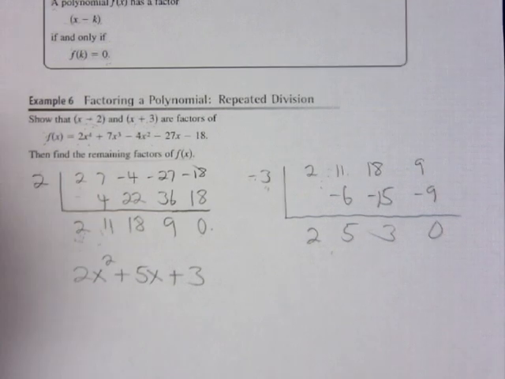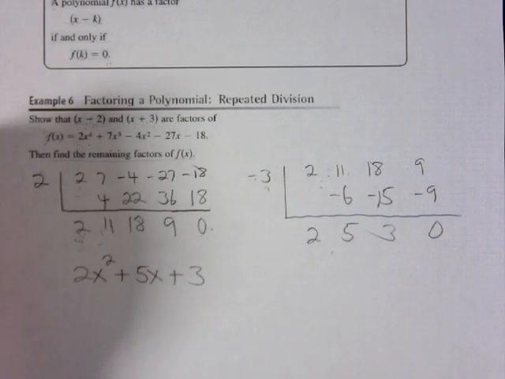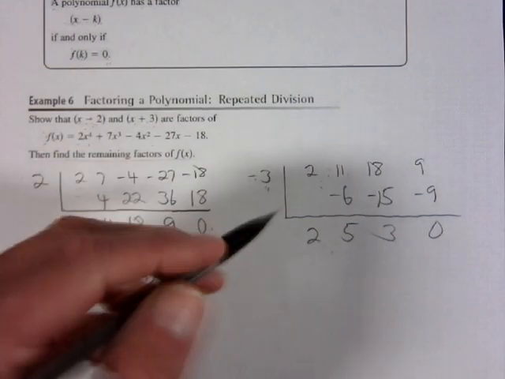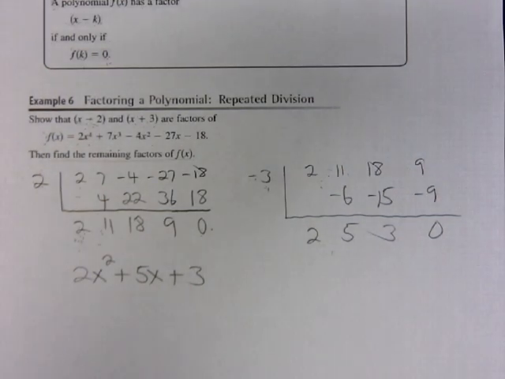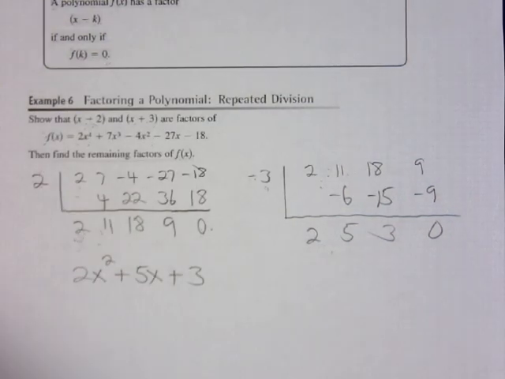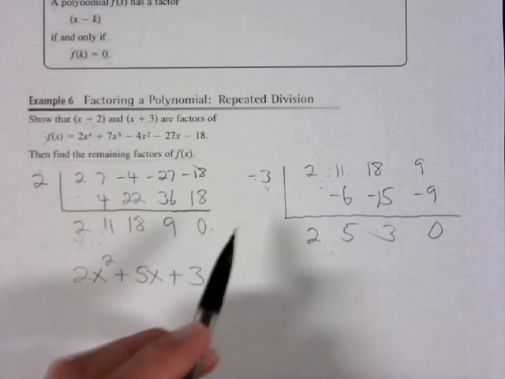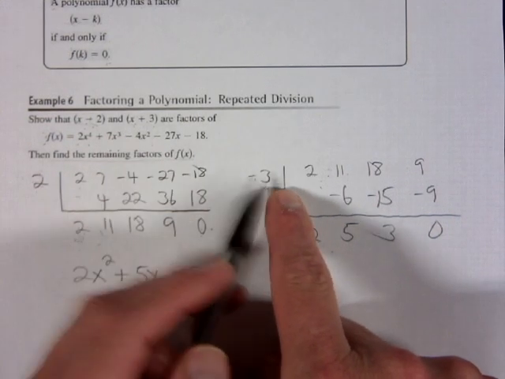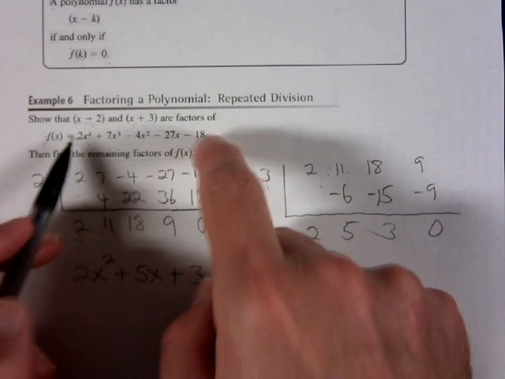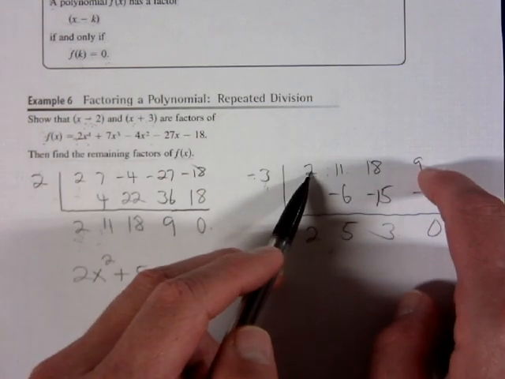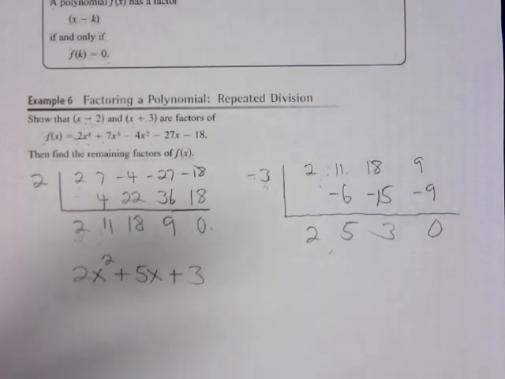So if 4 times 2 equals 8, then if 2 divides into 4, it also divides into 8 because 4 is a factor of 8, all right? So if the -3 term here divides into this, then it also divides into the original function because this is a factor of the original function, is what I'm saying, all right?